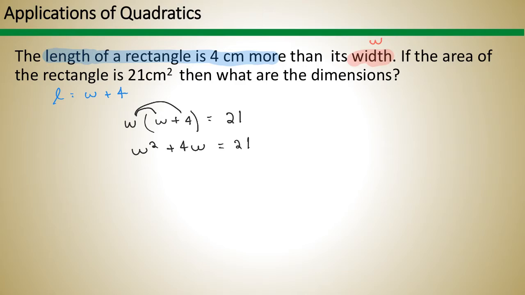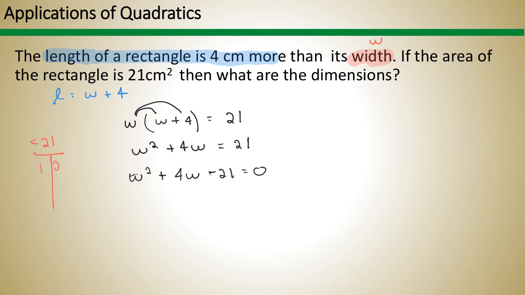So in order to do that, we're going to move this 21 to the left side. So it becomes W squared plus 4W minus 21 equal to 0. Now we are looking for factors of negative 21 that add to make 4.